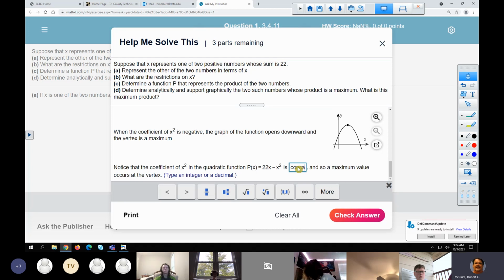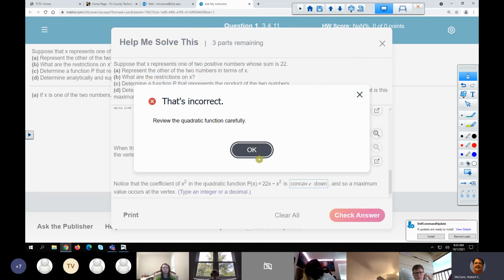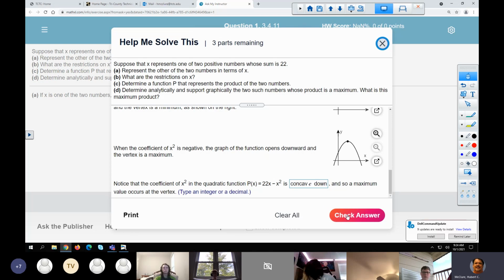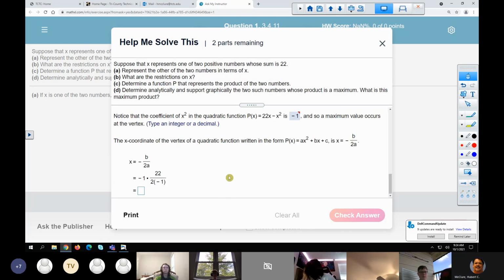I don't know what they want. Oh, negative 1. I'm trying to see where they're going with this question, because this question is not a test question. I would never put this question on a test. This is not a good question.